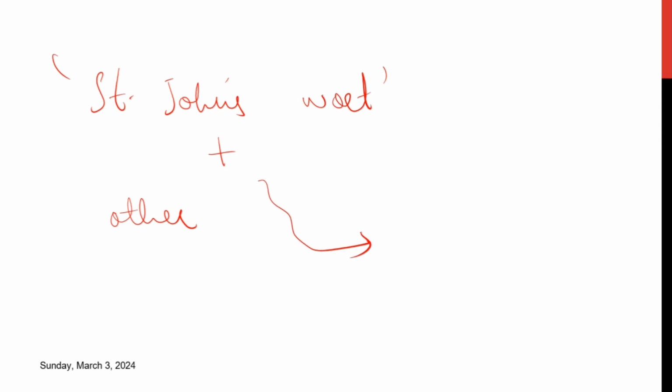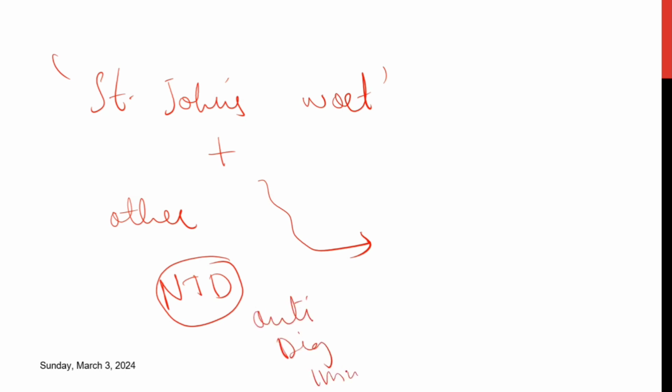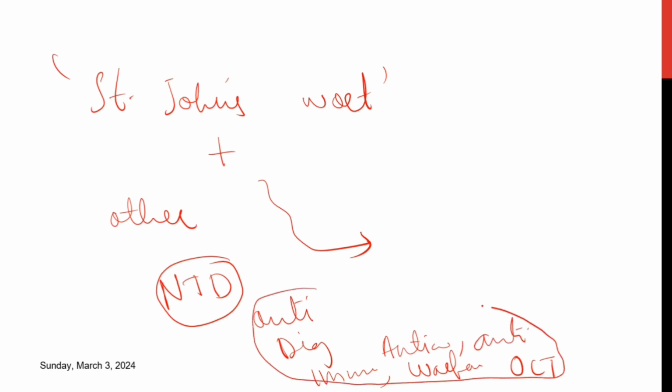Before understanding these drug interactions, let me tell you some other basic points. We all know that narrow therapeutic drugs, particularly anticoagulants, digoxin, immunosuppressants, warfarin, oral contraceptives, and antiarrhythmic drugs used in arrhythmia, and all anti-cancer drugs, are narrow therapeutic drugs.